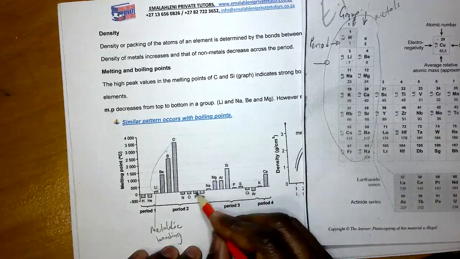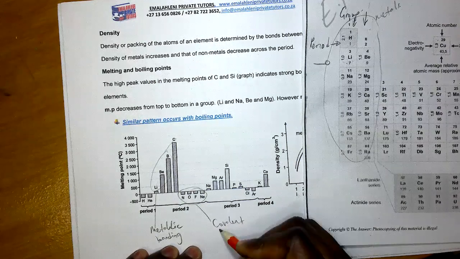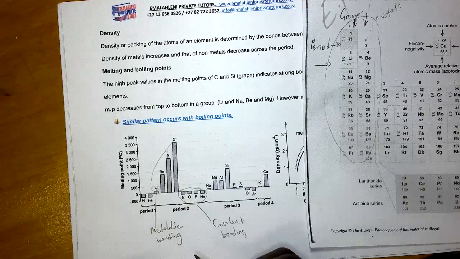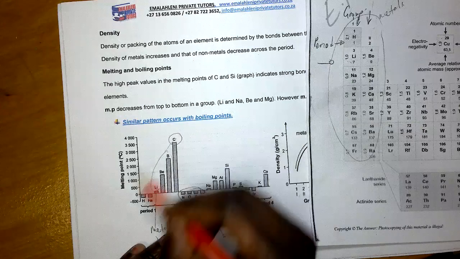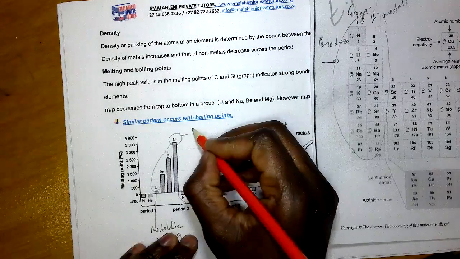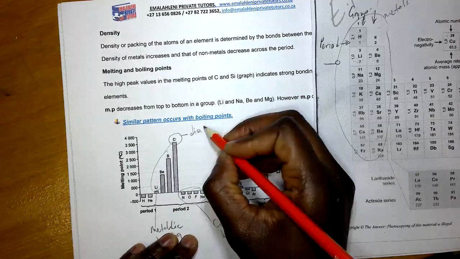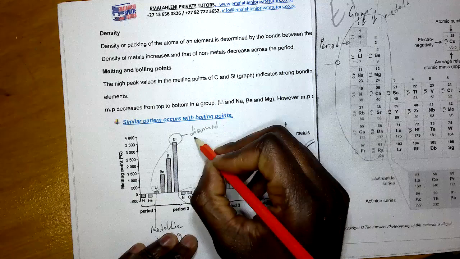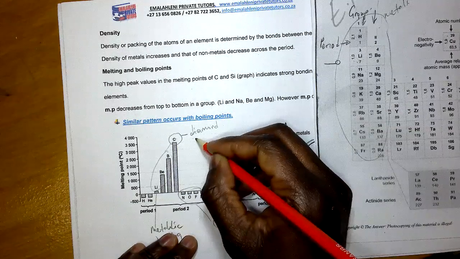But here now, we see that we've got covalent bonding, which doesn't have a specific structure that is actually strong. The only exception is carbon. Your carbon is high because of how it is structured, how the atoms are pegged, for example diamond and graphite.